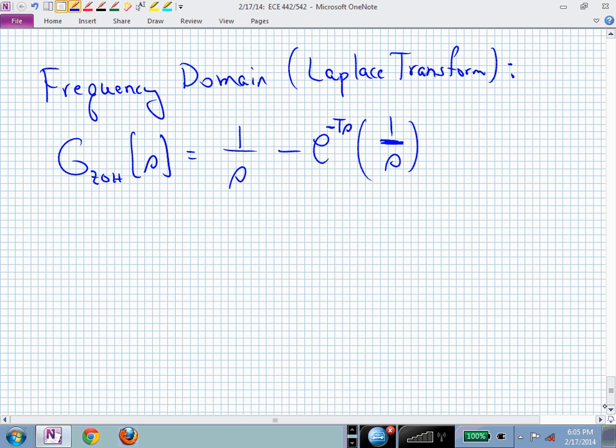That now has a 1 over s in 2 spots, so I could rewrite this and say, that's just 1 minus e to the minus Ts, times 1 over s. And this is now a frequency domain model of our zero-order hold, the way it's going to behave.